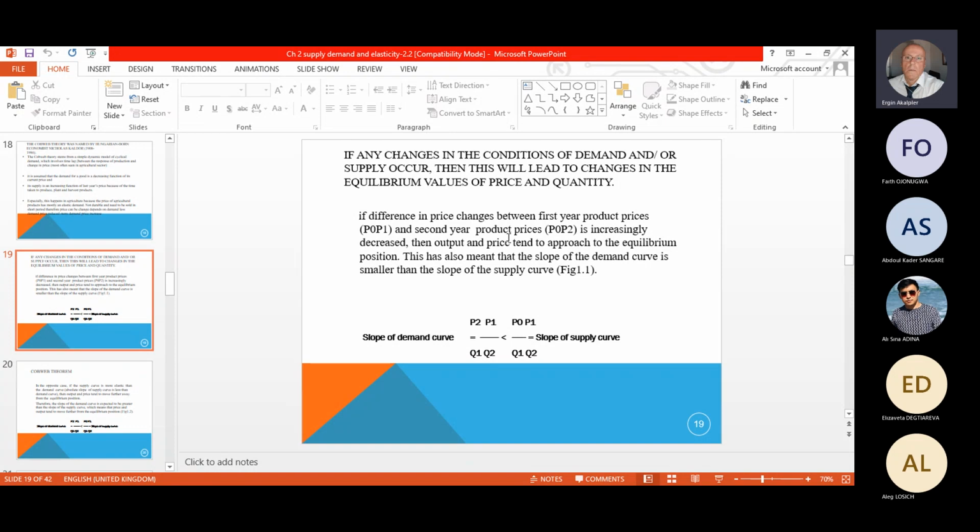This also means that the slope of the demand curve is smaller than the slope of the supply curve. And when it is so, what does it mean? We will see, as I mentioned, if the supply is more elastic, this is not good, because elastic supply means you are going to move away from the equilibrium. And if the demand is more elastic, you are approaching the equilibrium. You will see how it is realized.